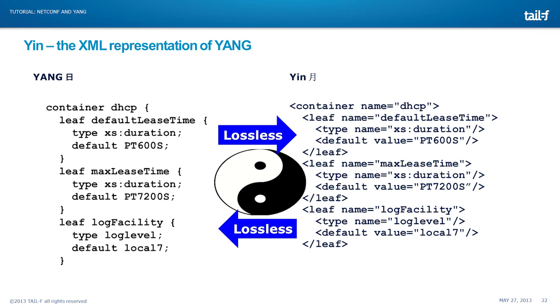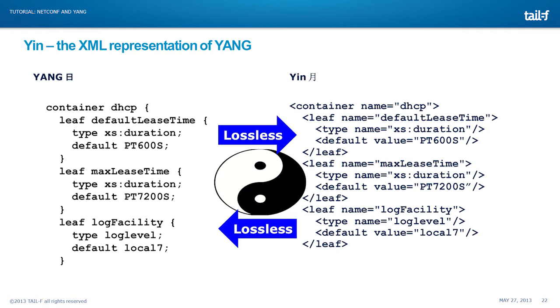If for some reason you don't want to work with the standard Yang language, there is an XML equivalent. Or perhaps from your XML processing tool chain, there are certain tools that are useful for some reason in your development cycle. So within the Yang RFC, there is the definition of the XML equivalent, which is called Yin.